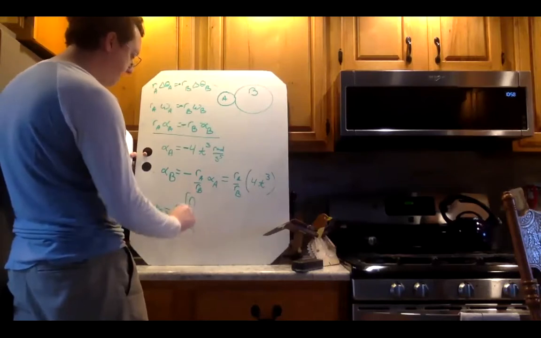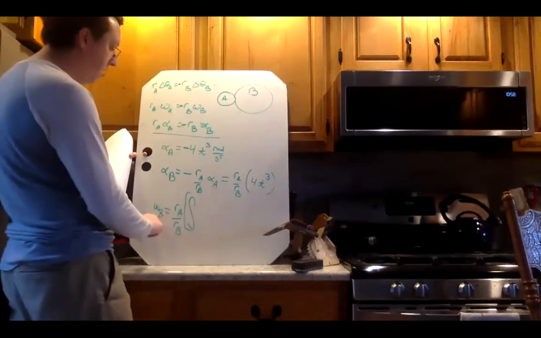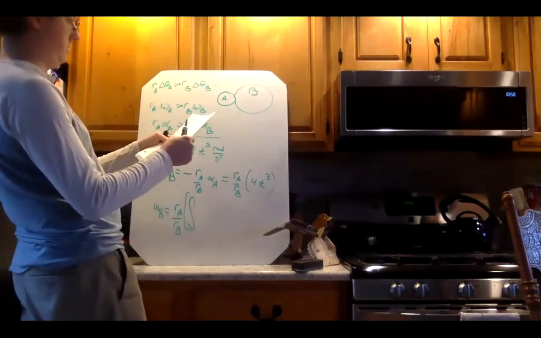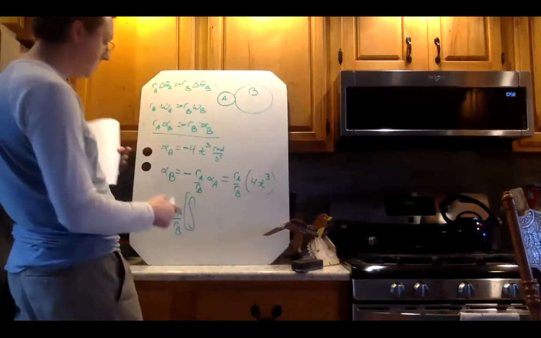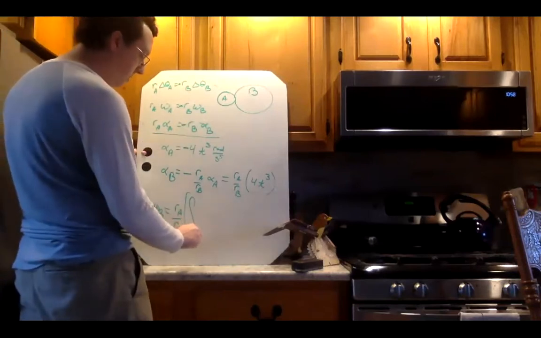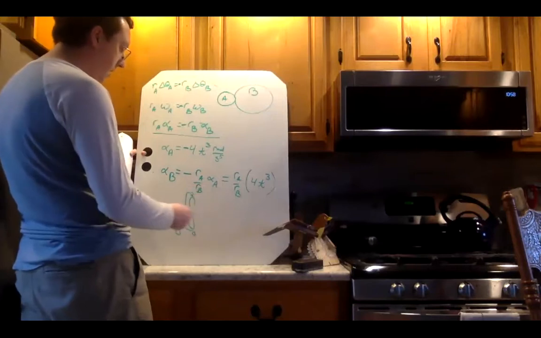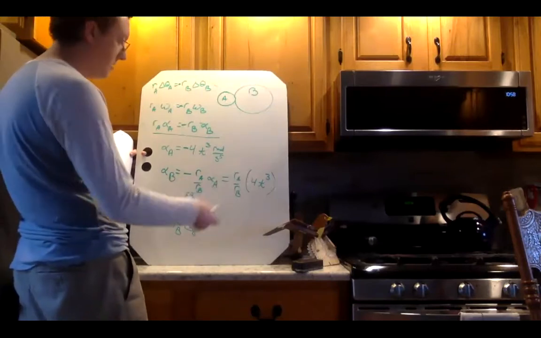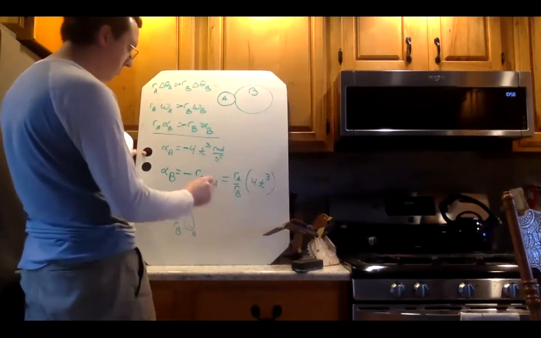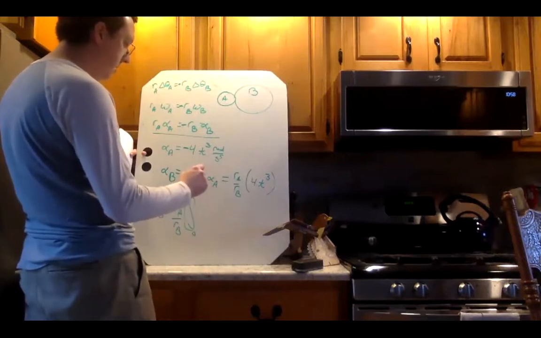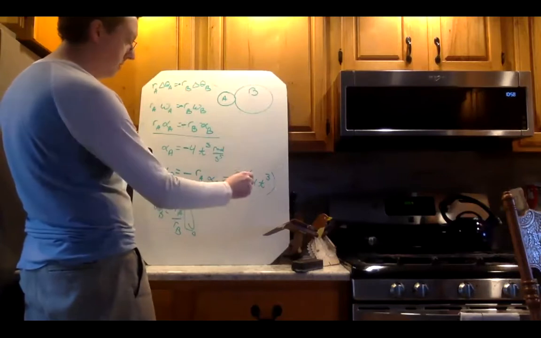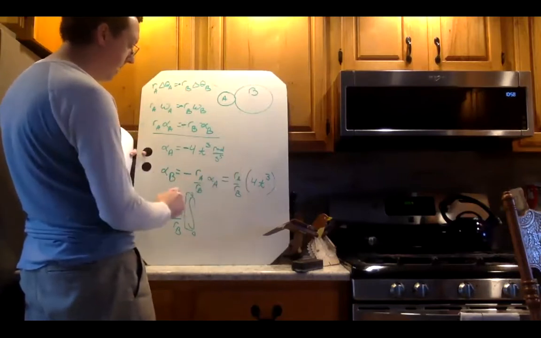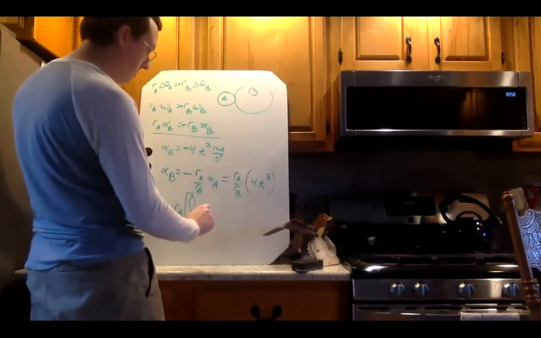Oh, sorry, hold on. I want to find omega at time 2 seconds, so I'm going to integrate from 0 to 2. That gives me the change in omega, so I have to add a plus c, a constant, and that's going to be the initial angular velocity of A.